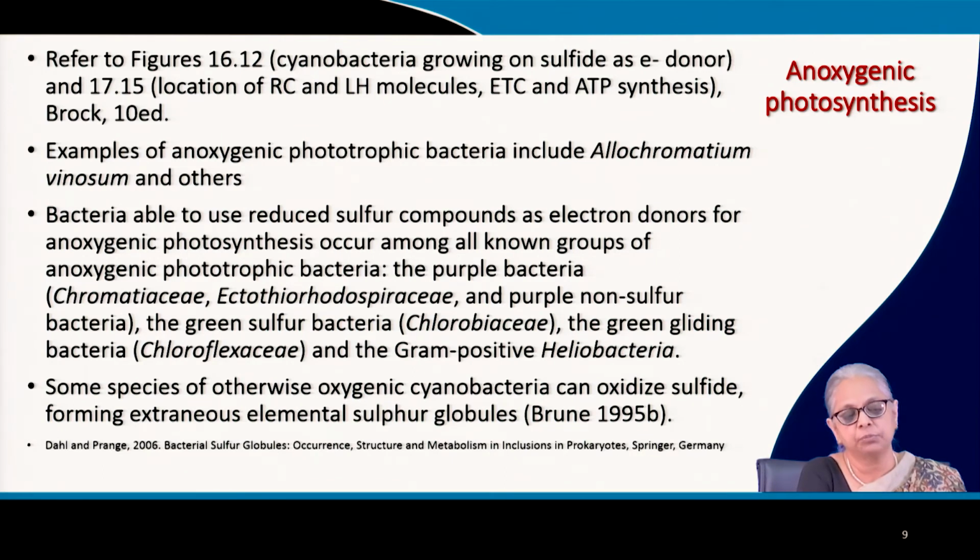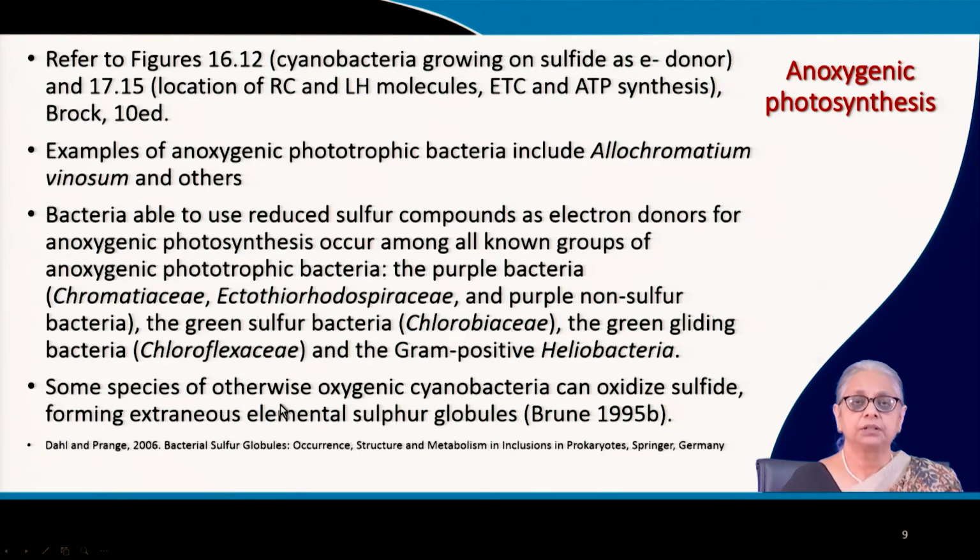They are all capable of anoxygenic photosynthesis. So you have the purple bacteria, with several species mentioned here, purple non-sulfur as well as sulfur bacteria. There are green sulfur bacteria, Chlorobiaceae, the green gliding bacteria, Chloroflexaceae, and the gram-positive heliobacteria.